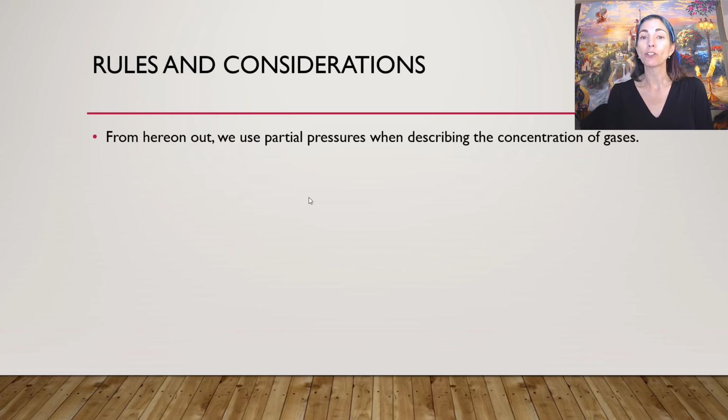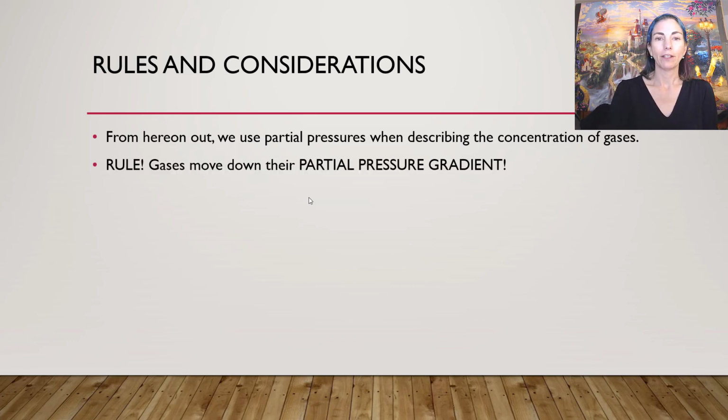They move down their partial pressure gradients. So this is big. Gases move down their partial pressure gradient. Over time, you're simply going to learn to look at the numbers. If I give you a compartment and it says 130 and then another compartment says 100, you know that gas is going to want to move from 130 to 100. That's it. That's what you're looking for. Partial pressure gradients.